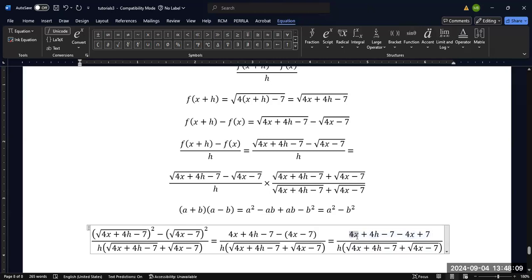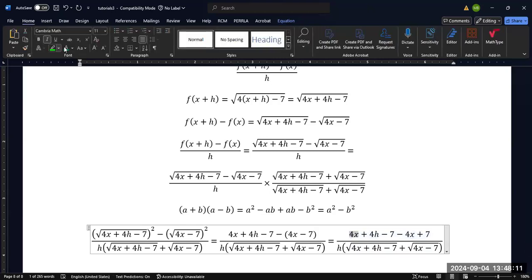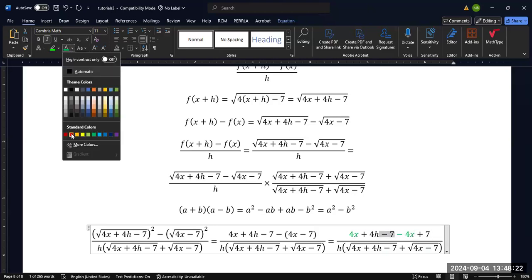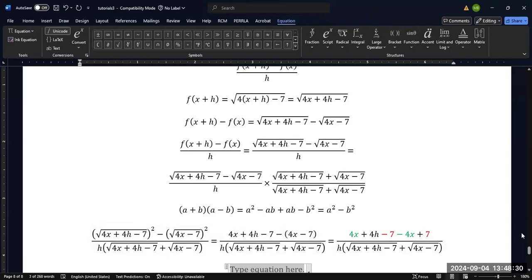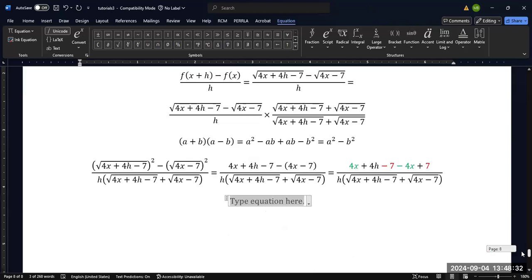And so what's going to cancel? 4x and minus 4x, and negative 7 and positive 7, all gone. And so what are we going to be left with? Well, in the numerator, it's going to be 4h.